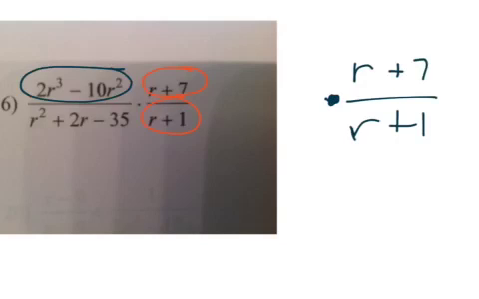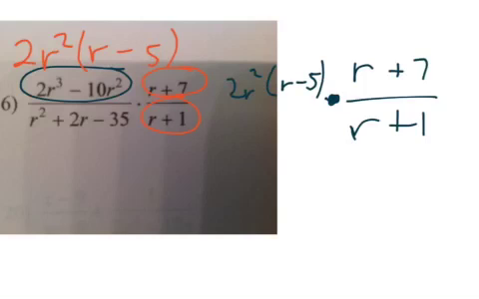And what about this right there, though? Well, I hope you realize I can do a GCF of 2 and an r squared. That leaves me r minus 5, doesn't it? So let me write it over here. I know I have 2r squared times r minus 5.